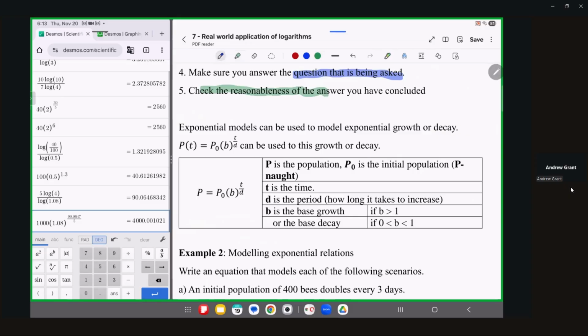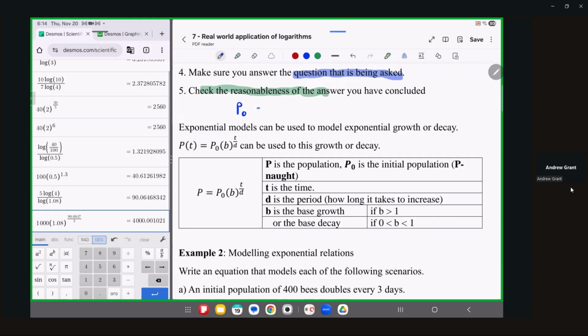Exponential models can be used to model exponential growth or exponential decay. So we have some sort of population, either say an element or a biological population, that grows or decays in proportion to itself. Okay. And so the general formula is P of t is equal to P naught times b to the power of t over d.